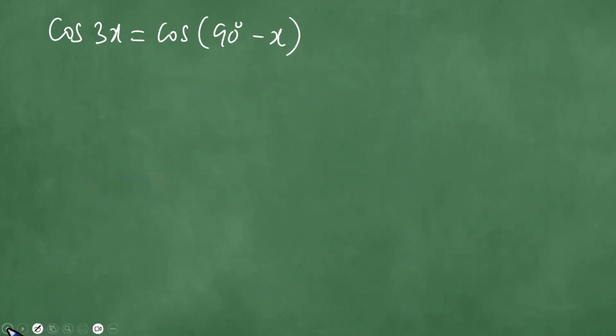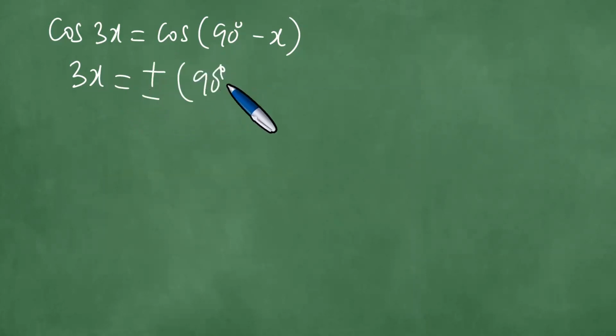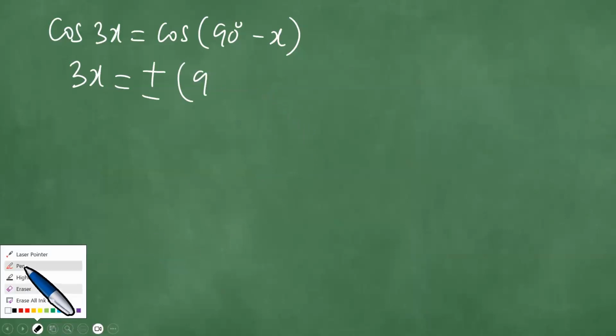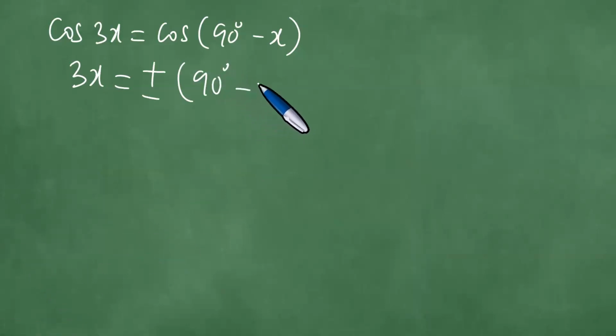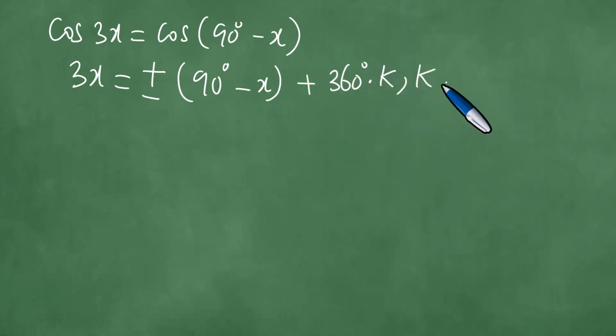What do we do here? This means that 3x, because the cosine function is an even function, becomes plus or minus 90 degrees minus x, plus multiples of the period of the cosine, which is 360 degrees.